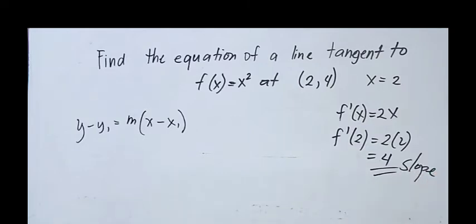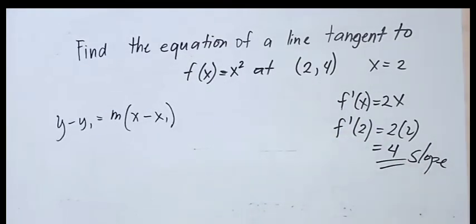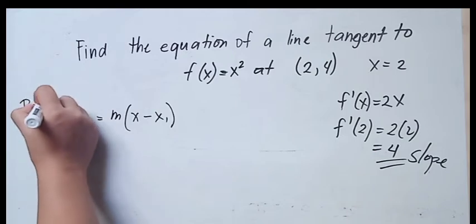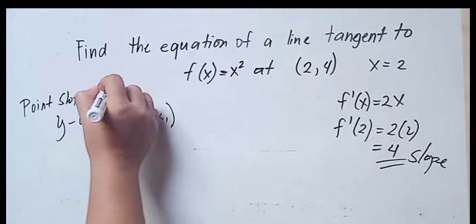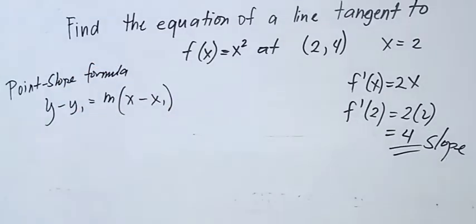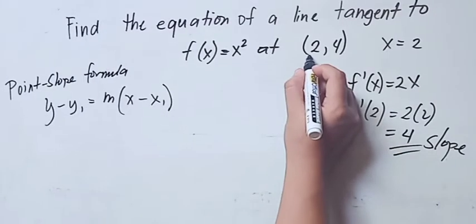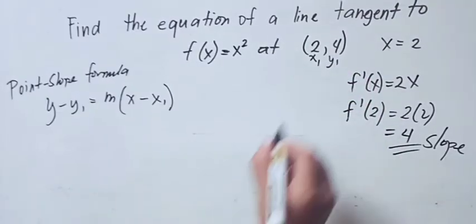So in order to get the equation of the tangent line, we will use the point slope formula. And since we have y sub 1, x sub 1 here, let this be our x sub 1 and y sub 1.